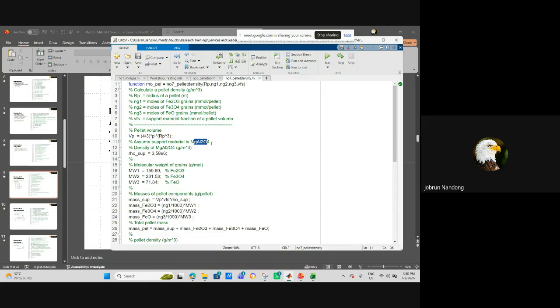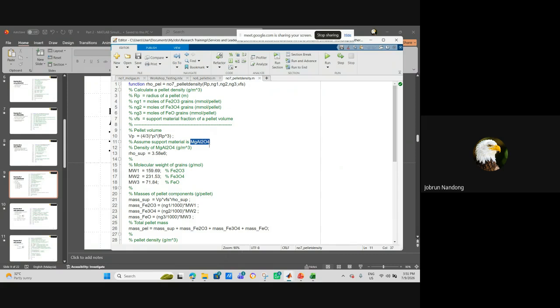The support material is used to stabilize the OC so that it becomes more resistant to attrition. You need to hold together all of that iron ore inside the pellet, so we need something strong that gives the OC sufficient thermal and mechanical stability.